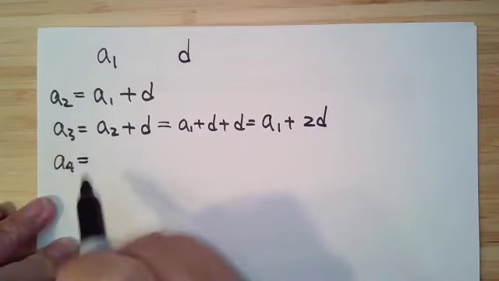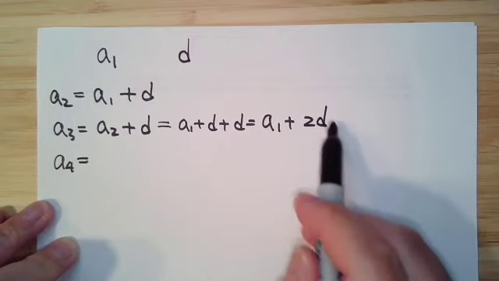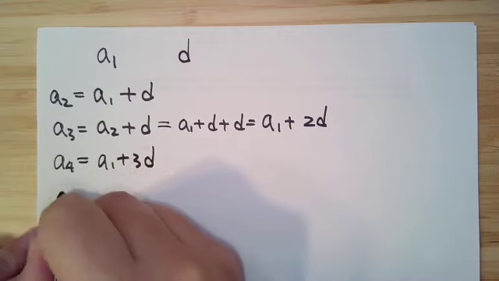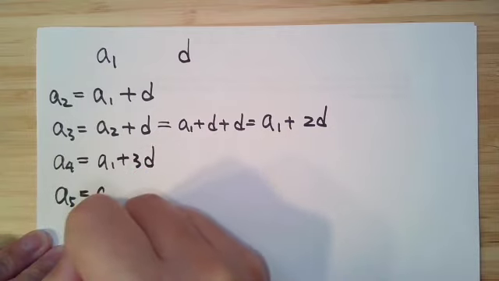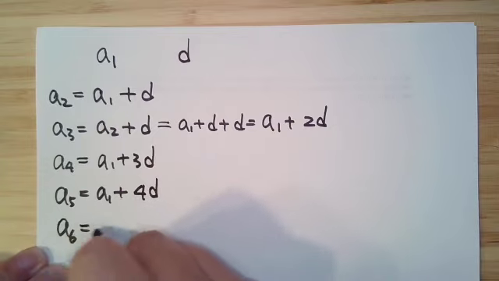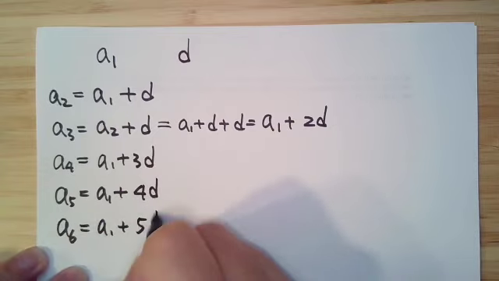A4 will be A3 plus D, which is this thing plus D, so that will be A1 plus 3D. A5 will be A1 plus 4D, and A6 will be A1 plus 5D.